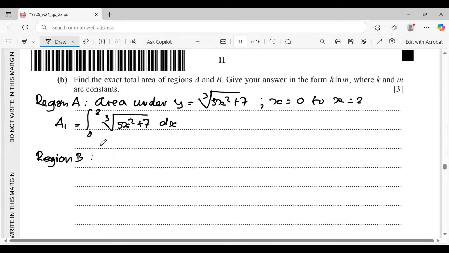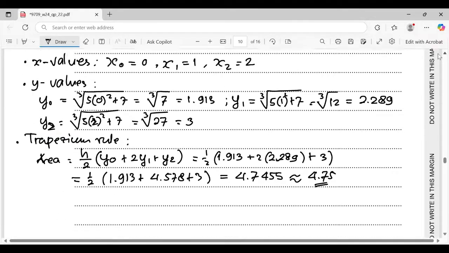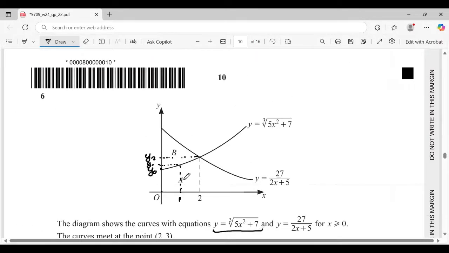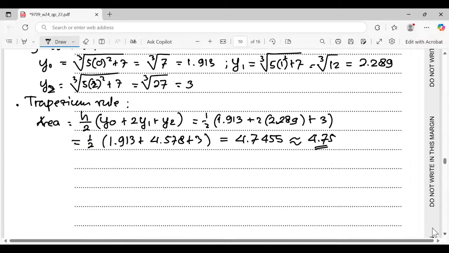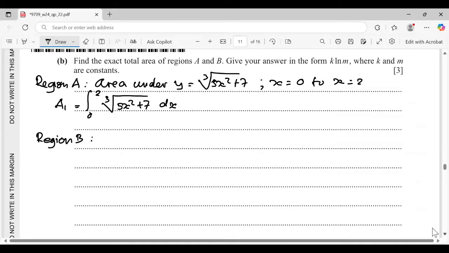Region B. If you look, this is region A, and this is region B. Region B is the area between the graph y equals 27 over 2x plus 5 and y equals the cube root of 5x squared plus 7.